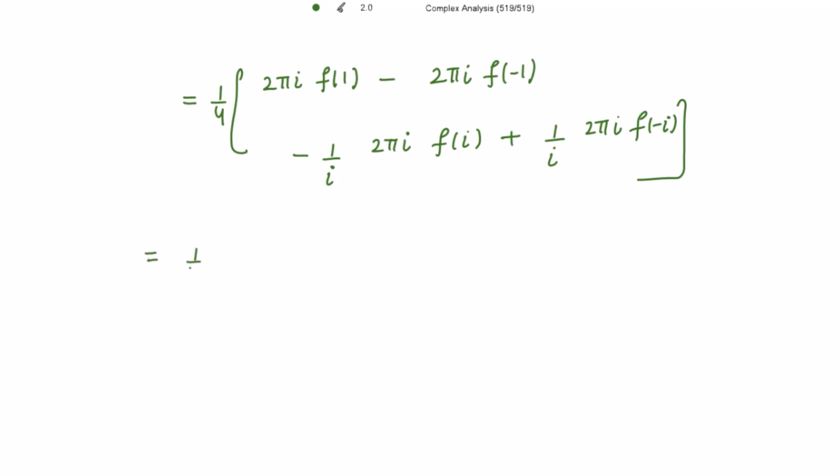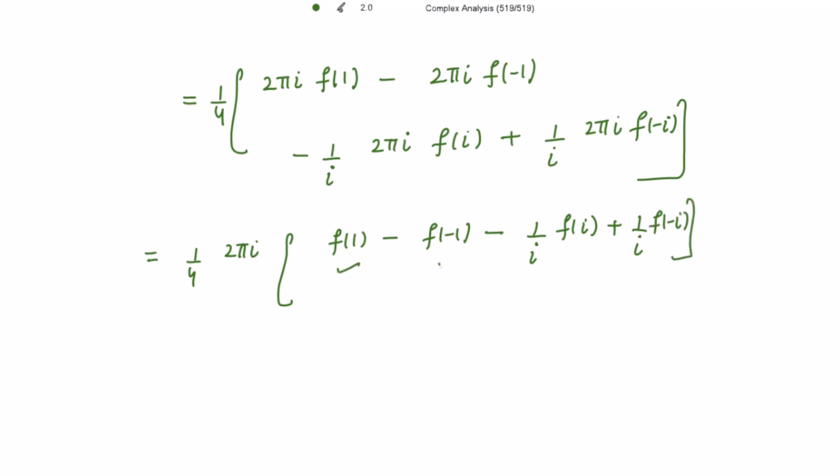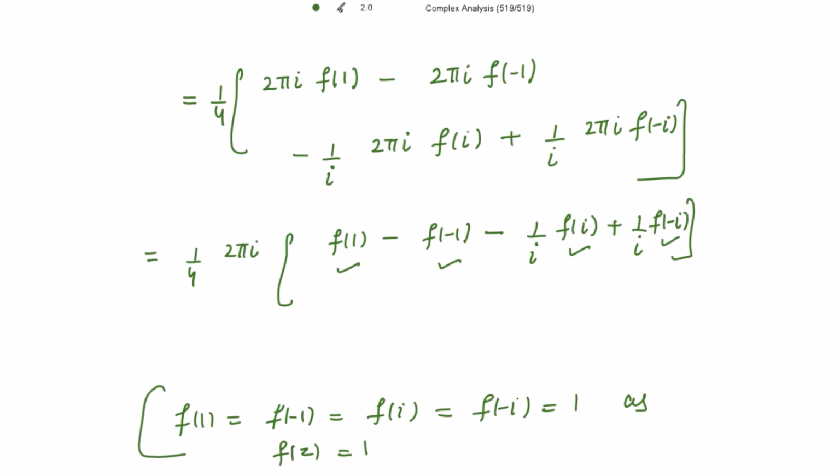Let me take 2πι outside. It is common. So we have f(1) − f(−1) − (1/ι) f(ι) + (1/ι) f(−ι). What are all these values equal to? All these are equal to 1 because our function itself is a constant, equal to 1, as f(z) is a constant function.